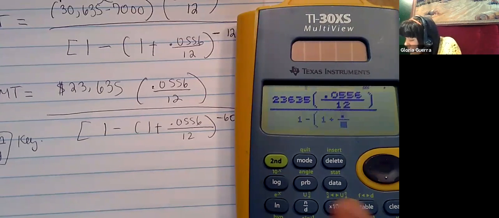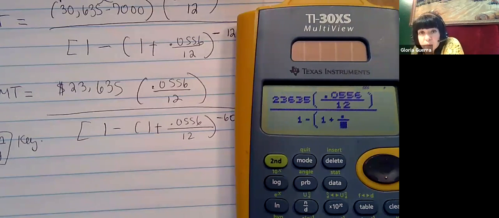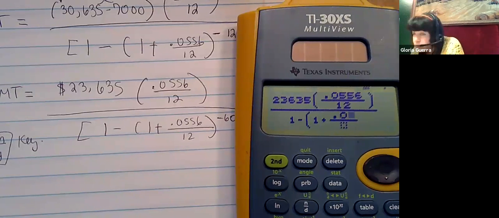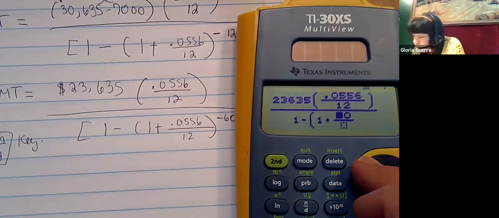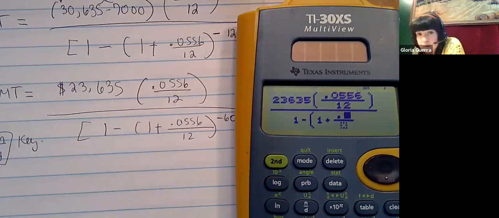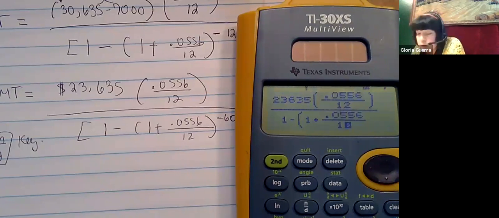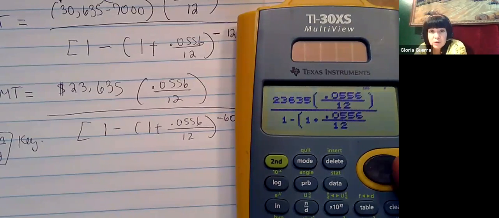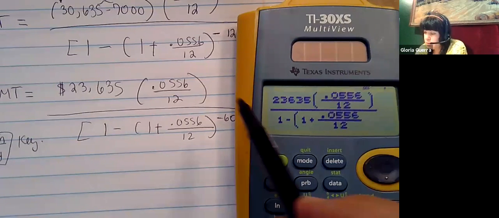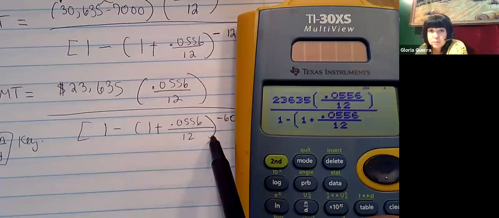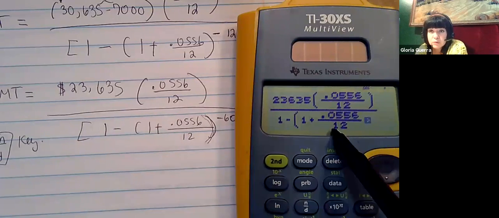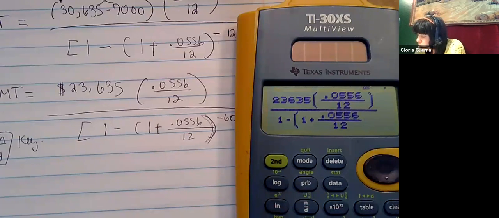So 1 plus, and on top, I want 0.0556, and then on the bottom, divided by 12. Now I want to close the parentheses, but I don't want to close it down here. I need to close it right there. So I need to push this out, and then close the parentheses.